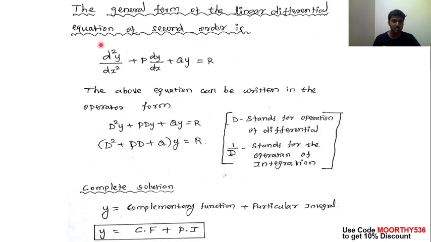The LHS is D^2 y plus PD y plus q y equal to r, and keeping y common outside, this is f of D, a function depending on the variable D. So D^2 plus PD plus q is the f of D of the given function.